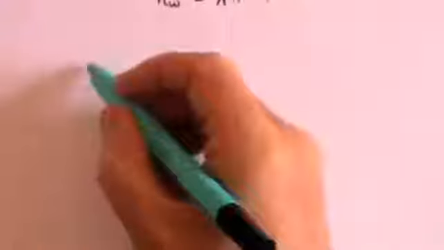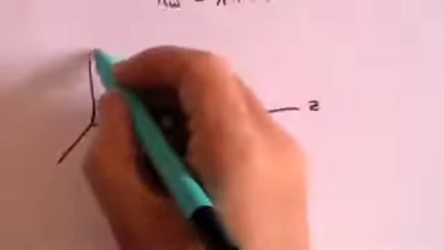Now I just want to remind you from the video on what is light of how we described electromagnetic radiation. We took three axes. This is the z-axis, this was the x-axis, and this was the y-axis.